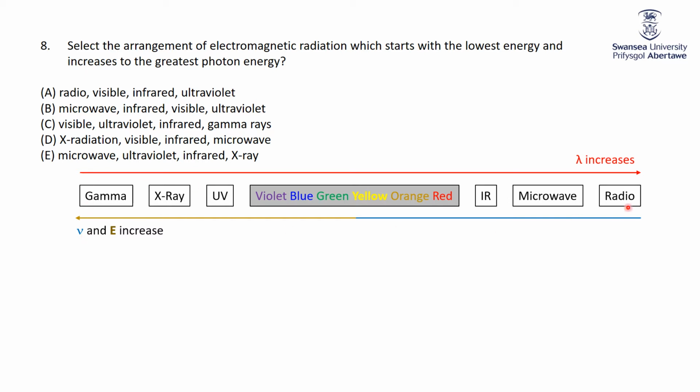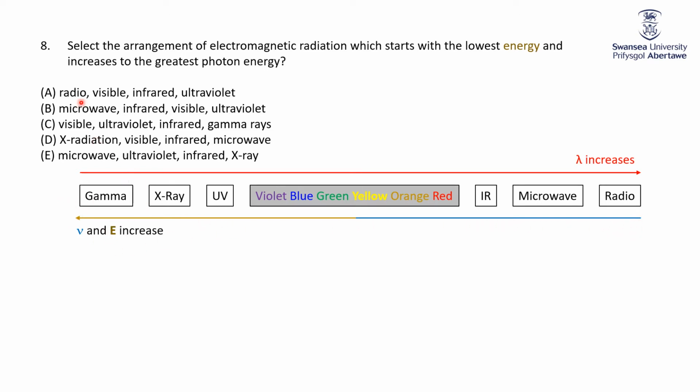Anyway, this is the little set of data that we're going to use for quite a few questions. This particular question: select the arrangement which starts with the lowest energy and goes to the highest energy. So we want to see which of these reads as we go from right to left. Going from right to left, the energy is increasing, so we'll start with the lowest energy here and read through to the highest energy here.